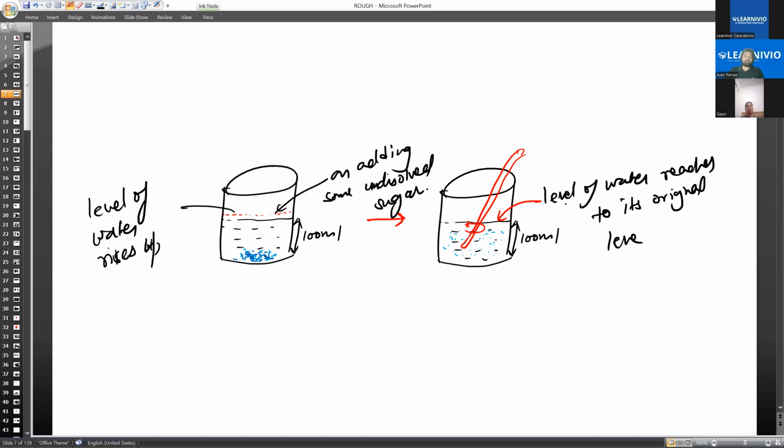But when you dissolve it, the level of the water reaches its original value. Okay, so please draw this.